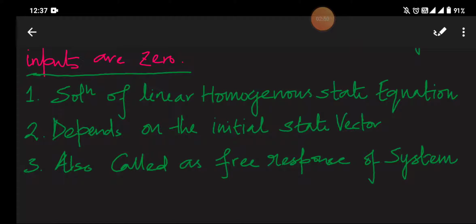It does not depend upon input, or input is 0. Then the state transition matrix, or the solution of the linear homogeneous state equation, is also called the free response of the system, because it does not depend upon system input. Let us see how the state transition matrix will be determined.